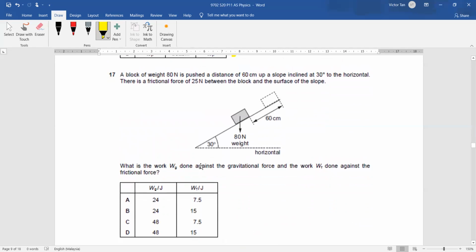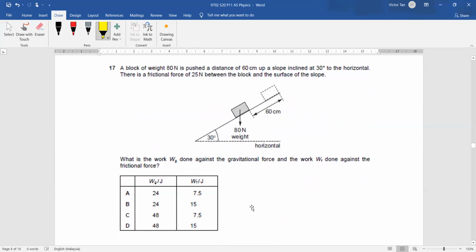A block of weight 80 Newton is pushed a distance of 60 cm up a slope inclined at 30 degrees to the horizontal. There is a frictional force of 25 Newton between the block and the surface of the slope. What is the work done against the gravitational force and the work done against the frictional force?